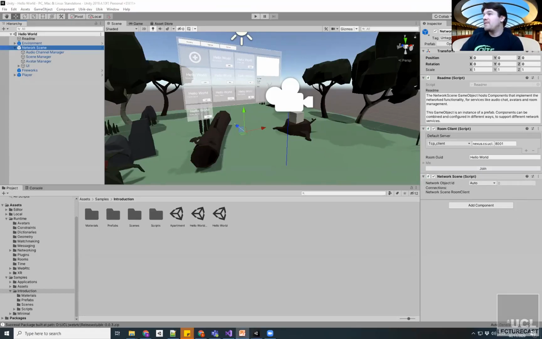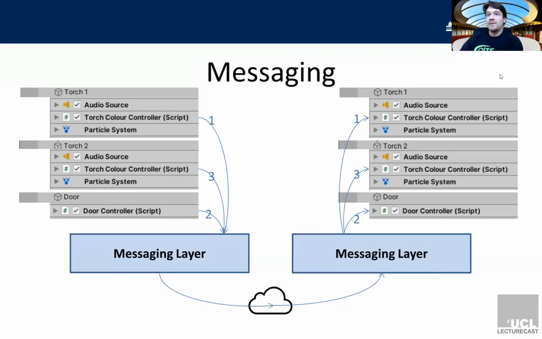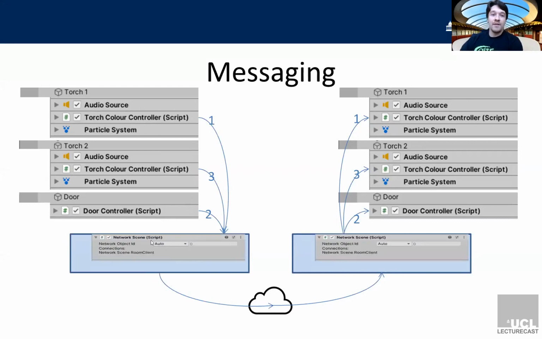Now, if you remember from last week, my little introduction to the two layers, the messaging layer and the services, the network scene, if you like, is almost like a manifestation in code of this messaging layer. So the network scene acts as the entry point for all of these and then sends all the messages across the network. So if you like, it's like the top level of the messaging layer.